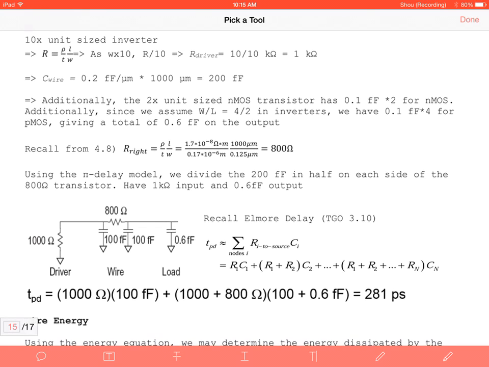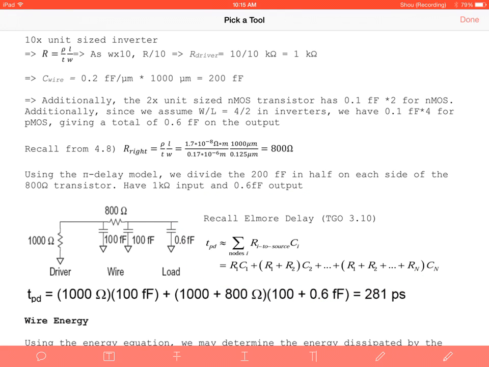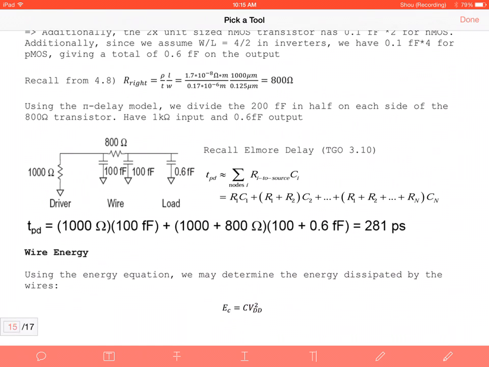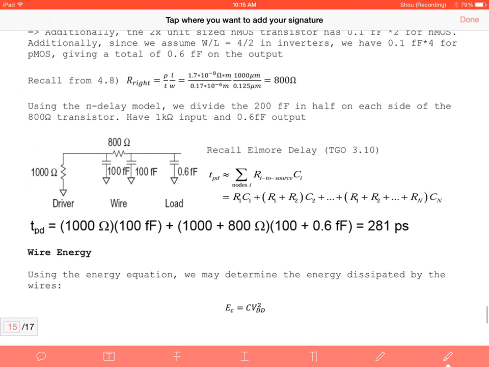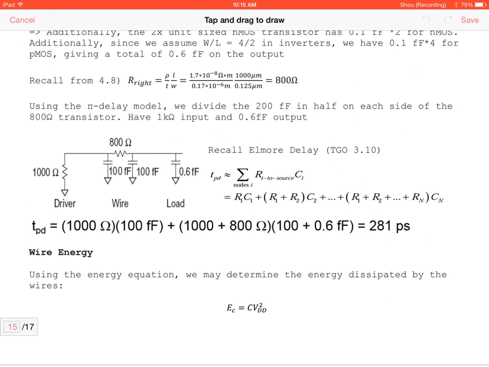Going back to 3.10, if you recall Elmore delay, we do R1C1 plus (R1 plus R2) times C2, and so forth. So the actual solution is 1 kiloohm times 100 femtofarads, because that is R1C1.